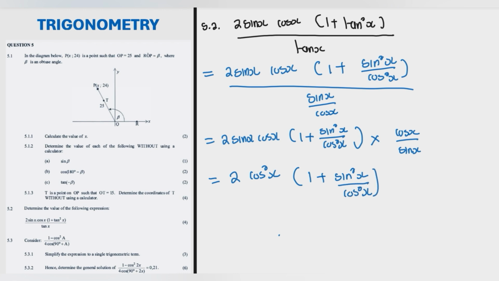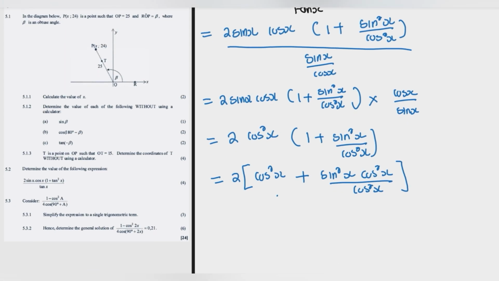Now we can multiply in the cos. Multiplying in the cos, it's going to be cos square x plus sine square x cos square x, divided by cos square x. The cos squares there are going to cancel out.